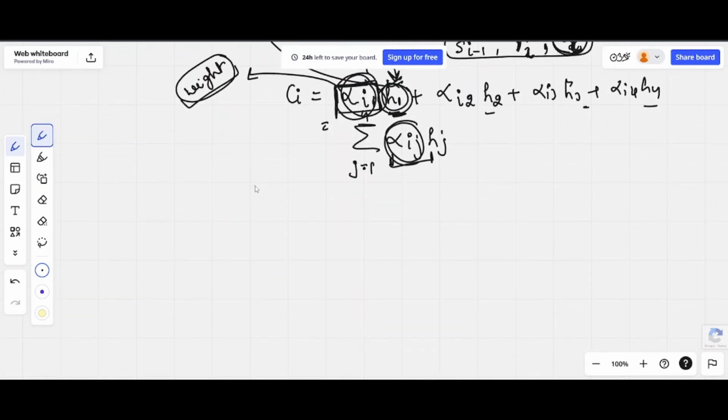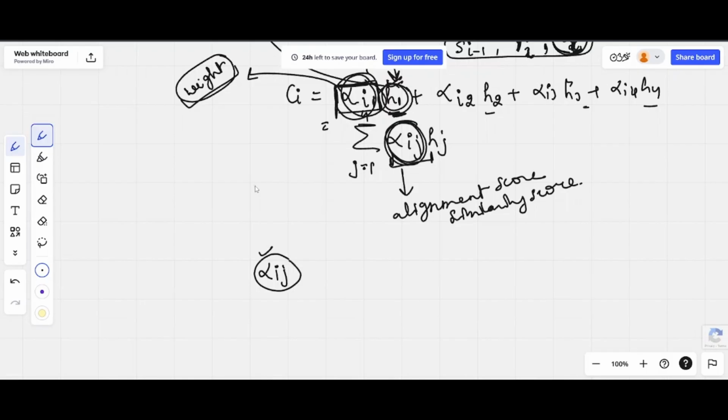And this alpha ij has a special name: the alignment score or similarity score. It tells how much role the encoder's jth time step has on the decoder's ith time step output. Now the question is, how do we find it?